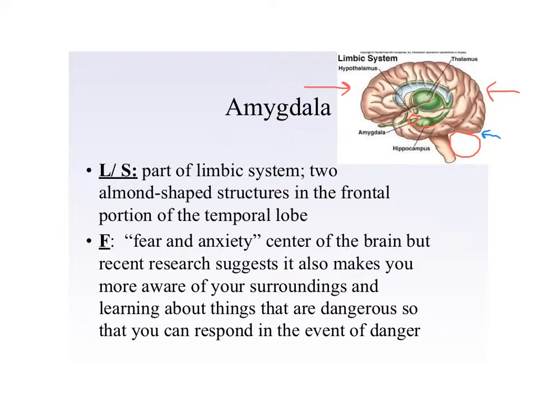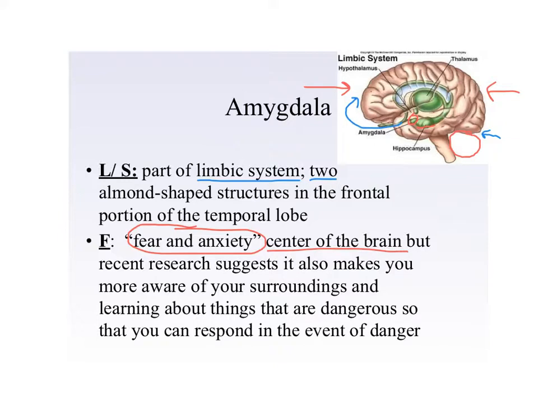So, of course, we already said it's part of the limbic system. There are two of the amygdala. There's one here on the left side, and there'll also be another one on the other side, the right side of the brain. And, of course, its function: fear, anxiety, anger, the center of the brain.